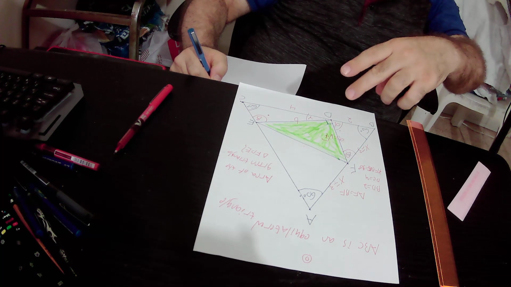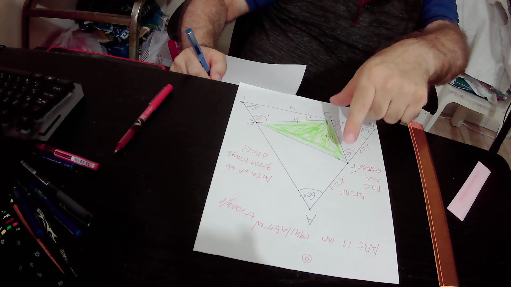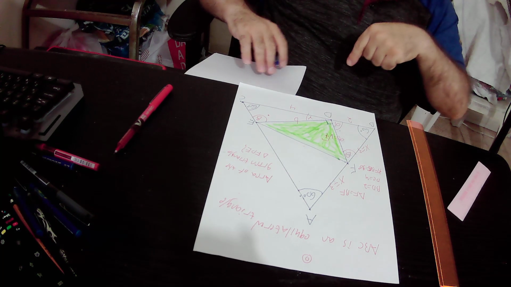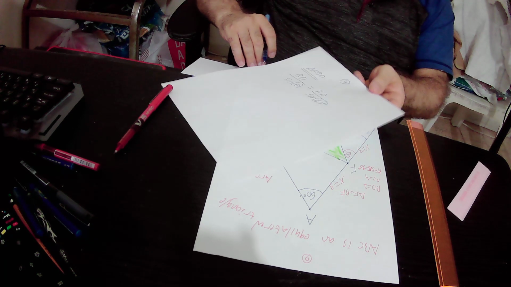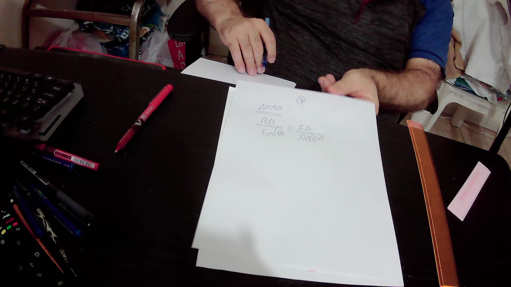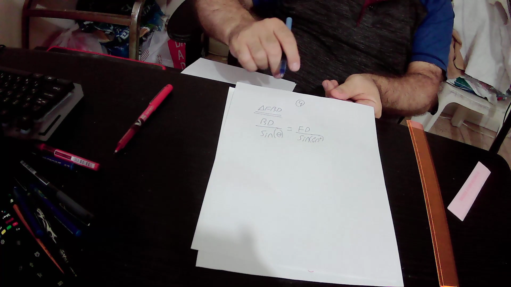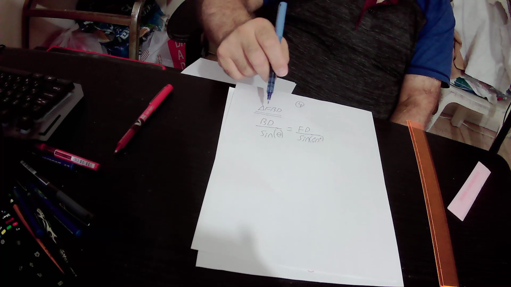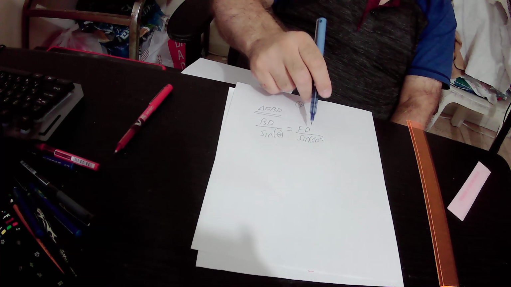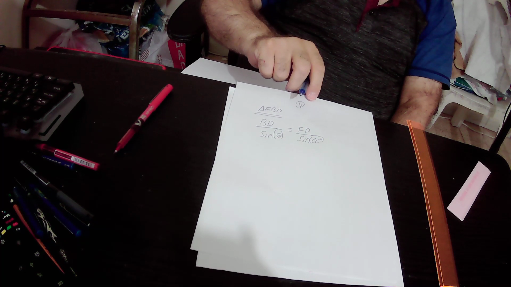Again, BD over sinus theta equals FD over sinus 60 degrees. So that is the implementation of the law of sines in the small triangle FBD.